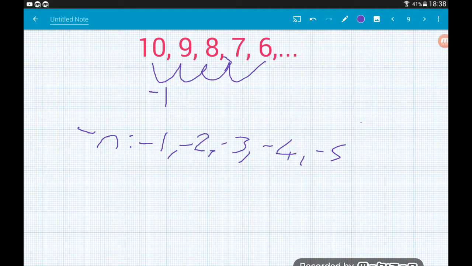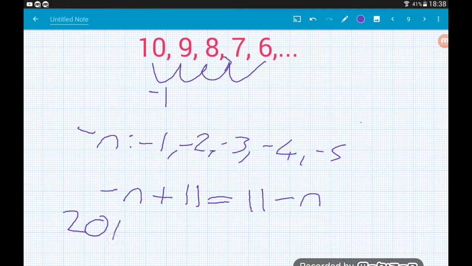How do we get from -2 to 9? We also add 11. So our sequence here is going to be -n plus 11, which we can also write as 11 minus n. It doesn't matter at all which way around we write it. So let's say here then that we want to work out the 20th term.